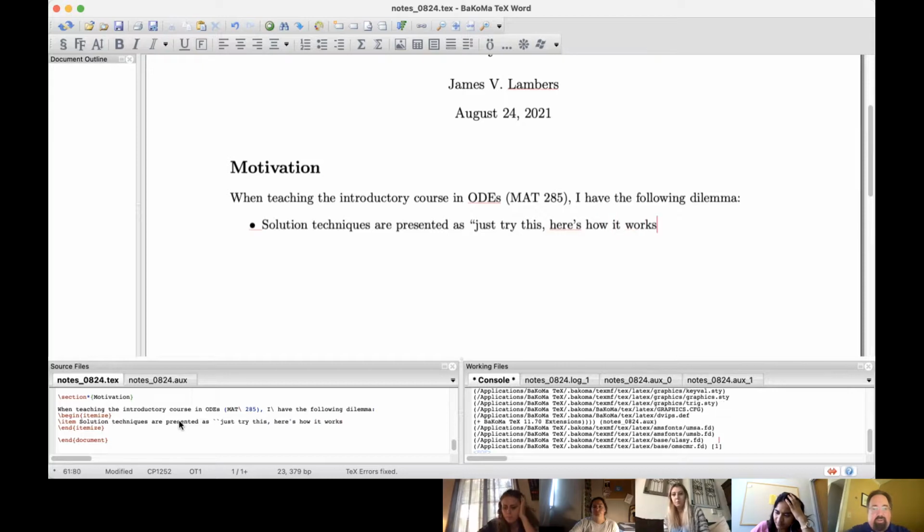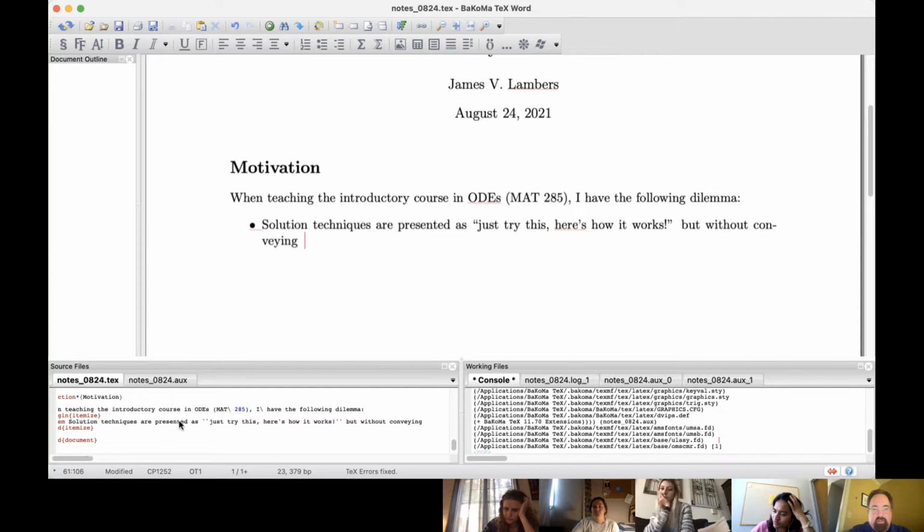And that's all fine and dandy, but as a mathematician, I find this unsatisfying because a lot of ideas in presenting these methods, I feel like they're pulled out of thin air.